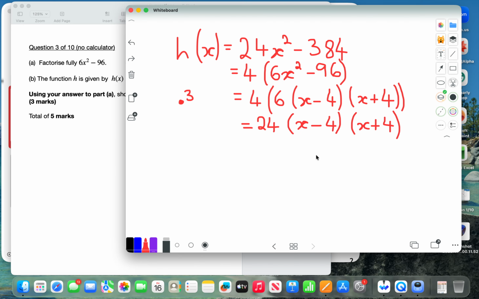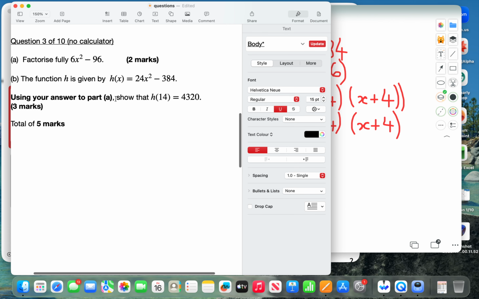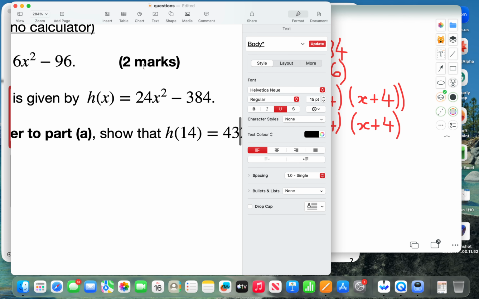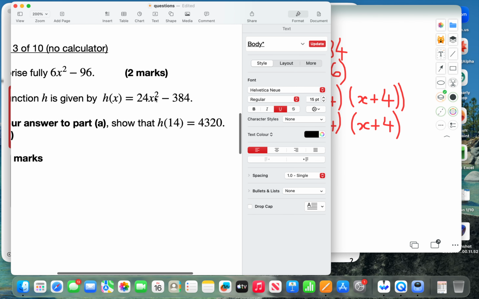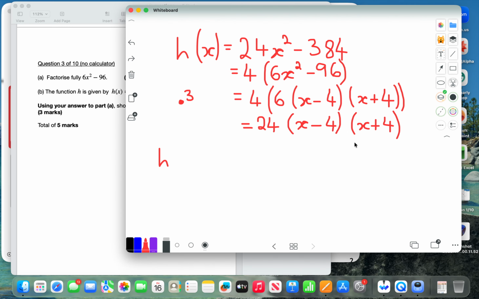Then only now do we substitute x as 14. You cannot substitute into the original expression, because although it will give you the correct answer, you haven't used part A to do so.